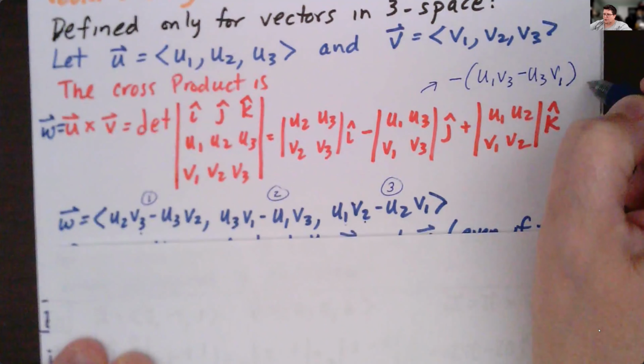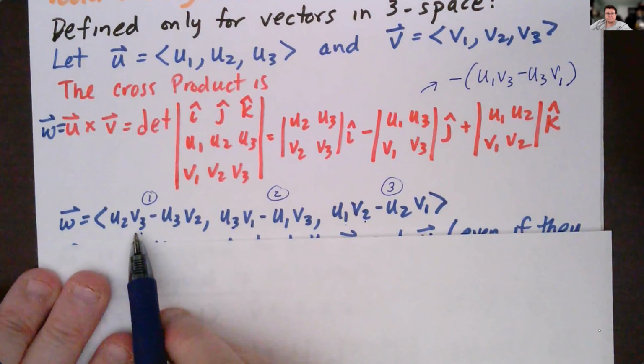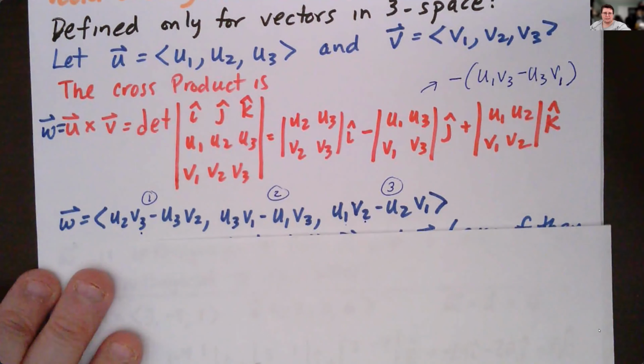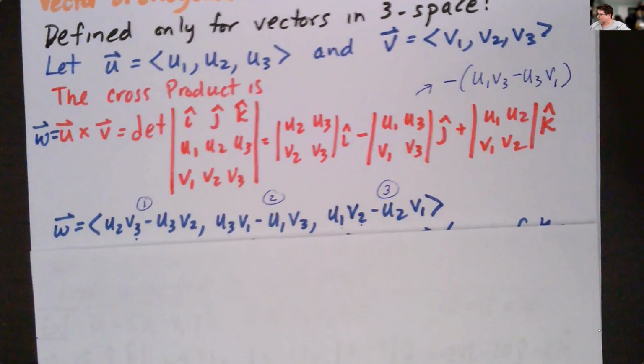But when you distribute the negative, you get that. So writing it in this form is just the subtraction of the product of each subcomponent that doesn't have the same subscript. I don't have it memorized that way, but if you're good at memorizing things like that, feel free to do so.